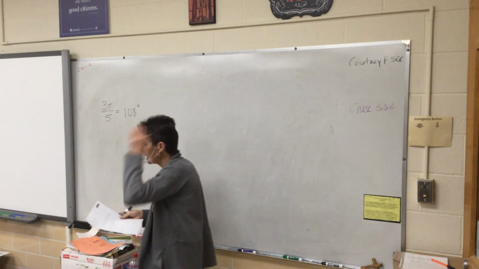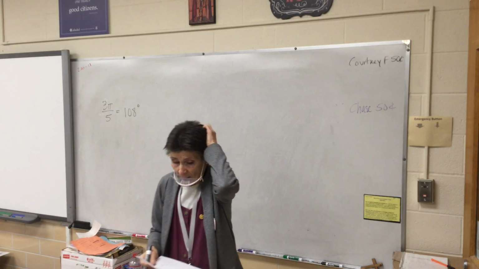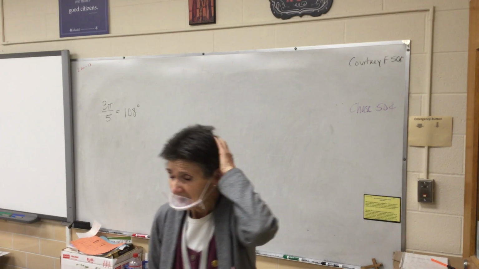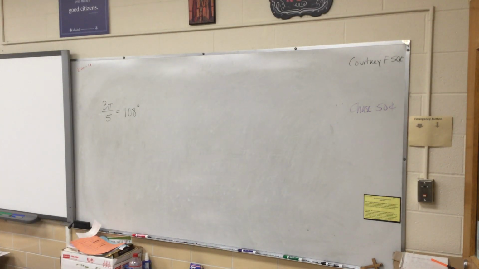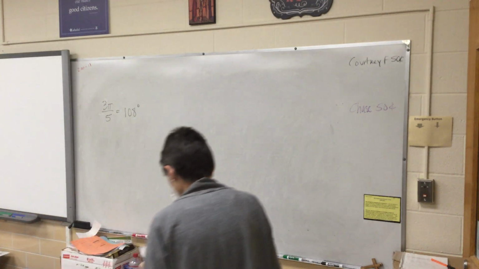So it's 108 degrees. Now, I am old, I do this all the time. I can do that stuff in my head. If you can't, you just write it over the side. 180 divided by 5, or do the math, and then times by 3.